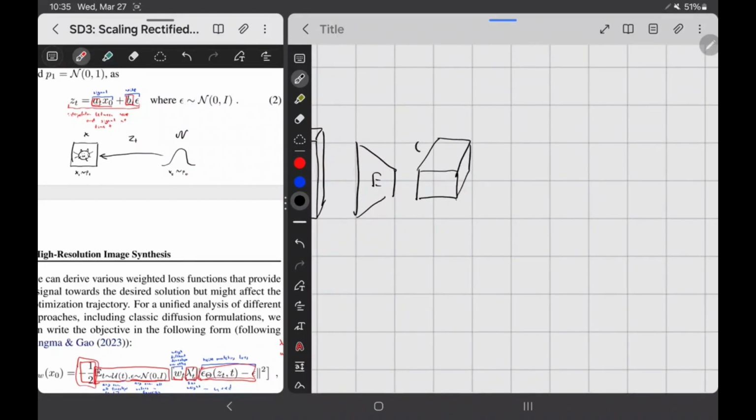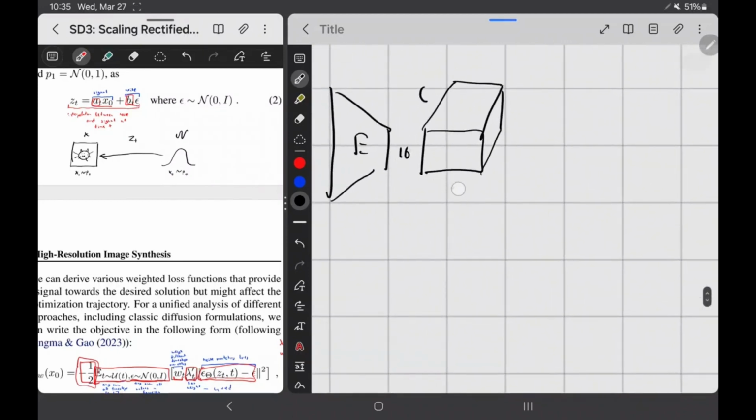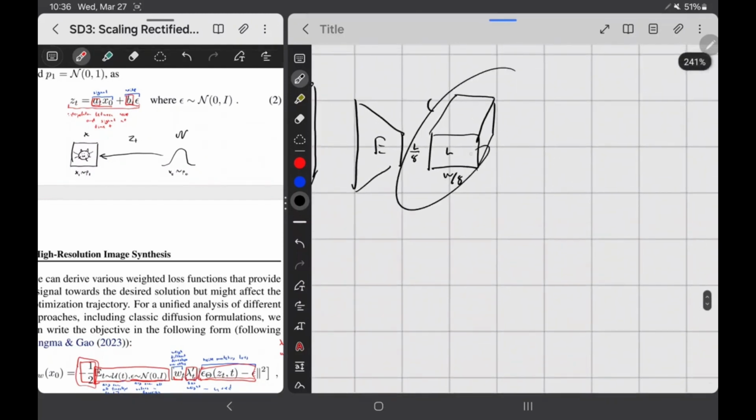So we have a large number of channels, and it'll have, say, L over 8 and W over 8. So it's a lot smaller. It's essentially the features of the image compressed into this latent space. And these will be our latents L. And this is what we're working with.